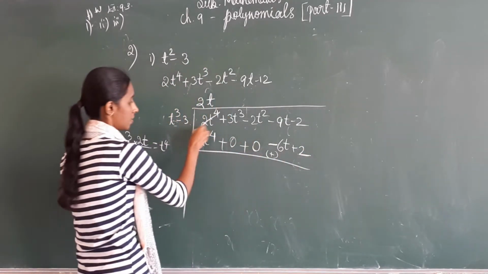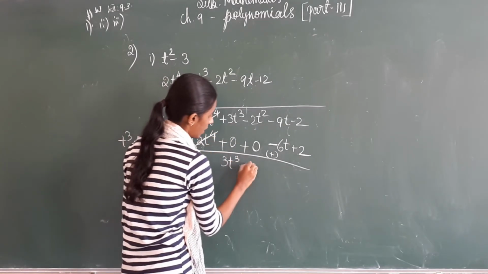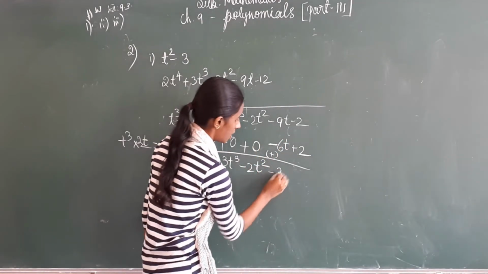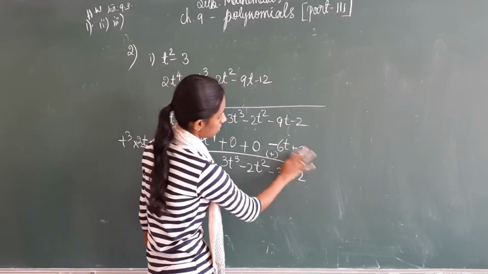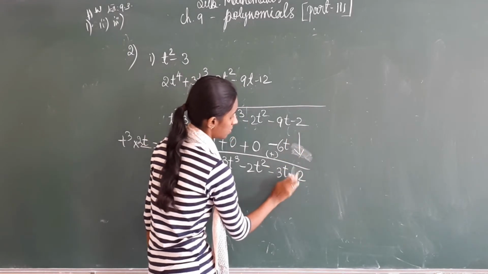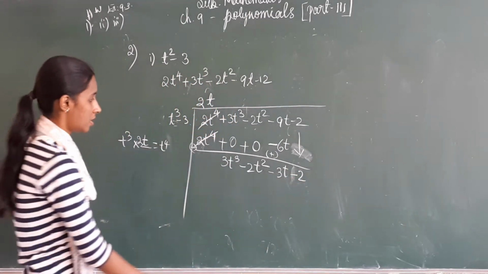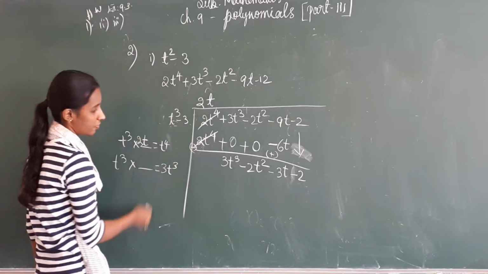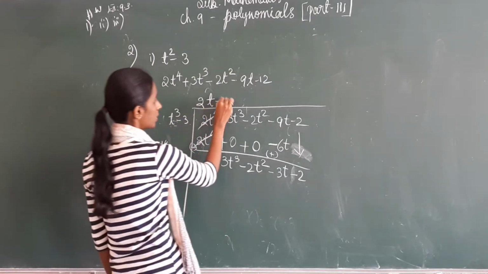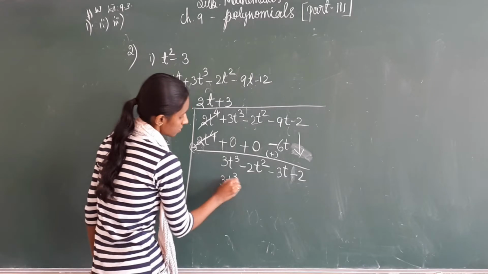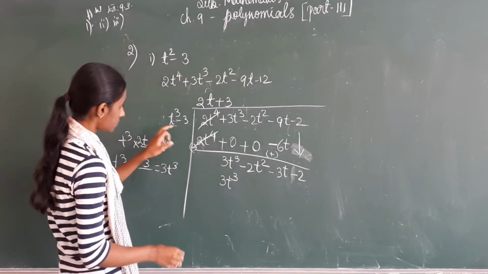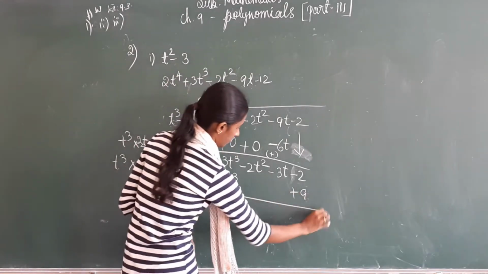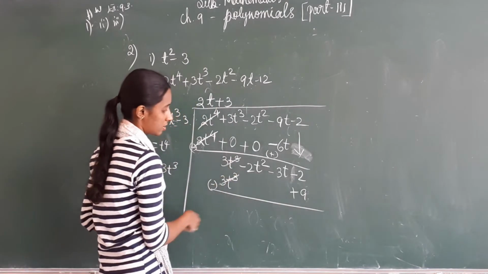Change the sign, and this as it is, 3t cube minus 2t square minus 9t. So it gets cancelled.